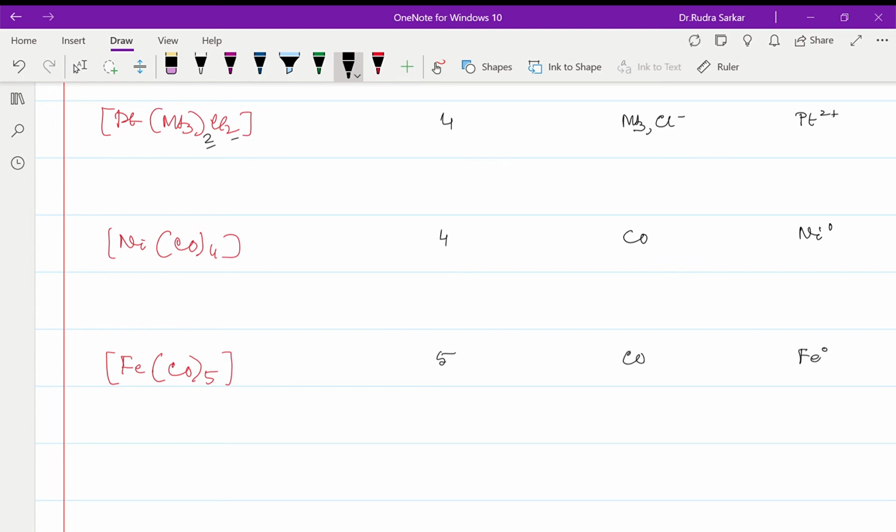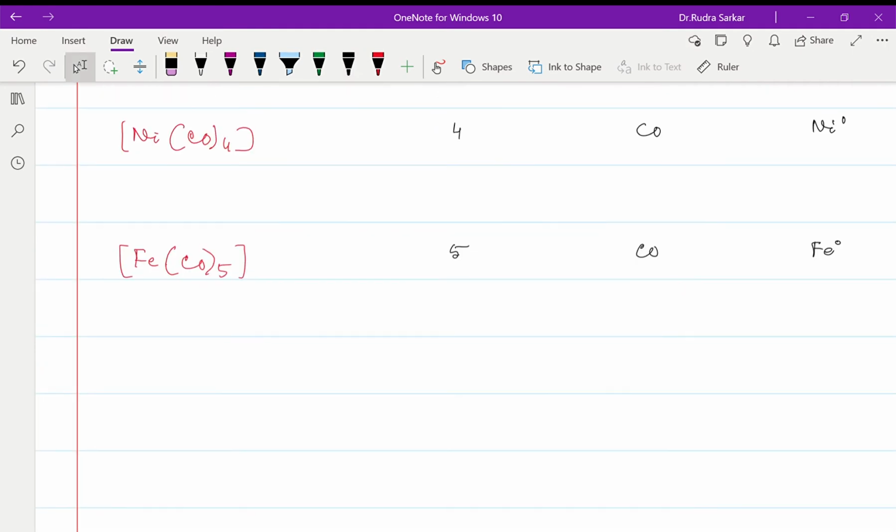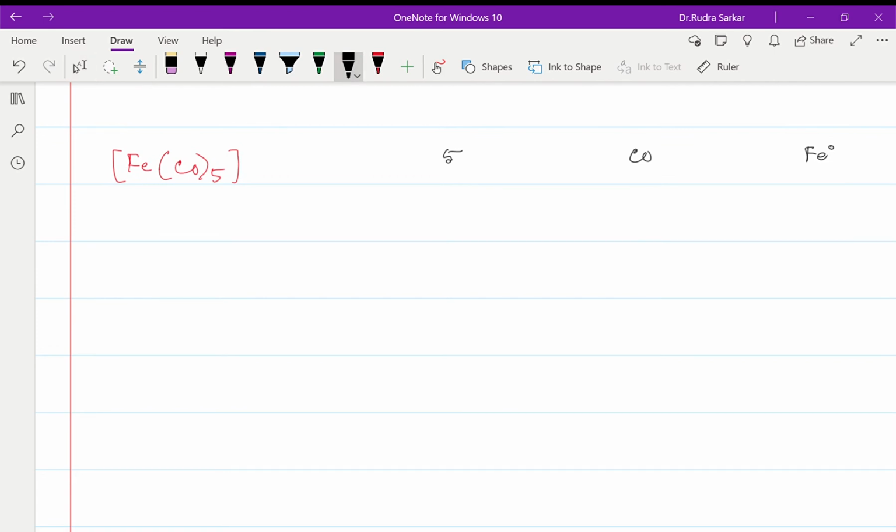Okay, let's go for some anionic complex. Now this will be interesting for you because first time you are seeing an ion that is containing a metal inside it, isn't it? Have a look.